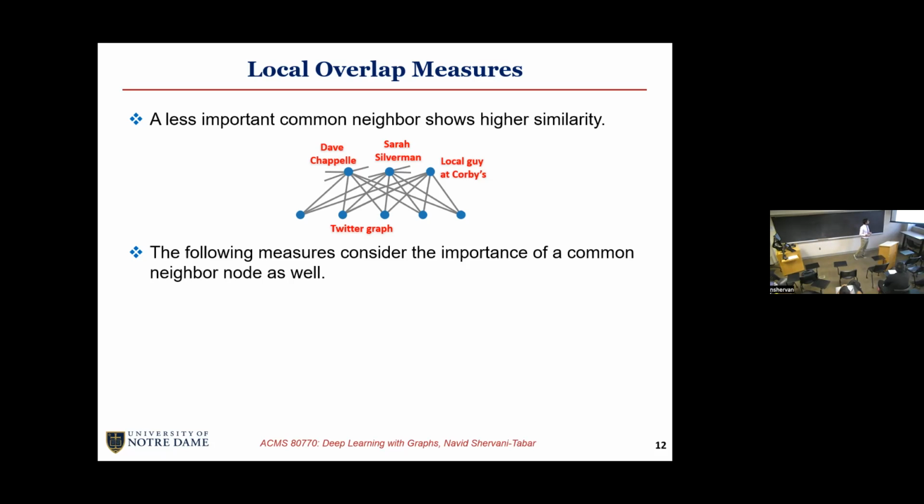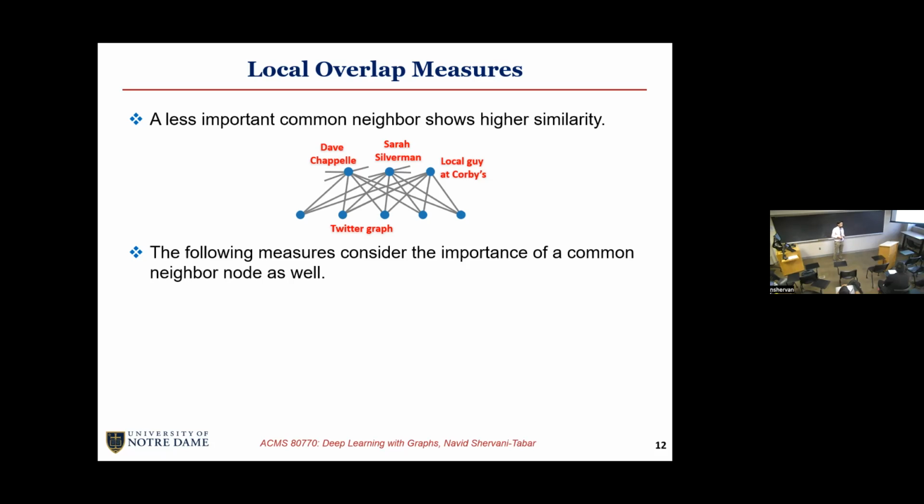So the fact that two of us are both following Dave Chappelle may mean that we're interested in stand-up comedy, but there are another million people that are following Dave Chappelle on Twitter, and there are another 12 million people that are following Sarah Silverman on Twitter.